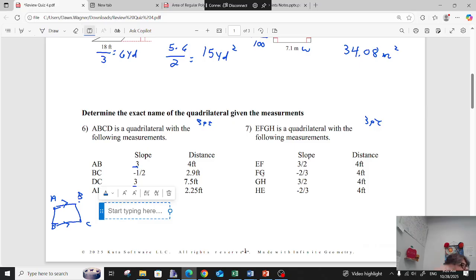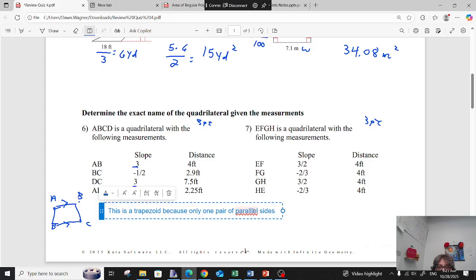The thing that will help you out with this is your definitions of the quadrilaterals and your chart you filled out. So this is a trapezoid because only one pair of parallel sides.